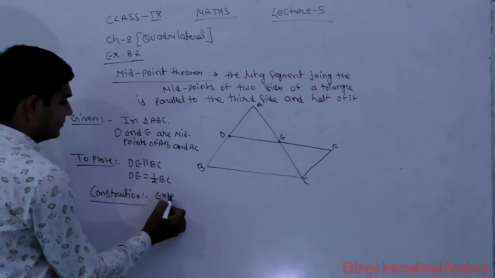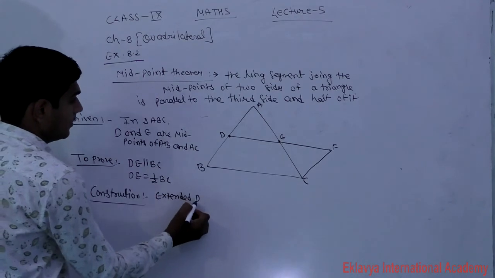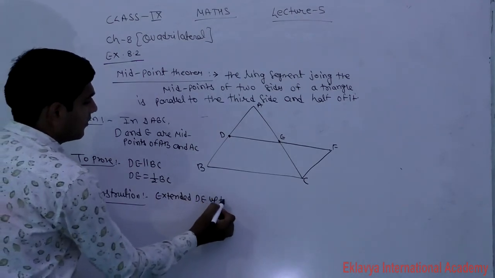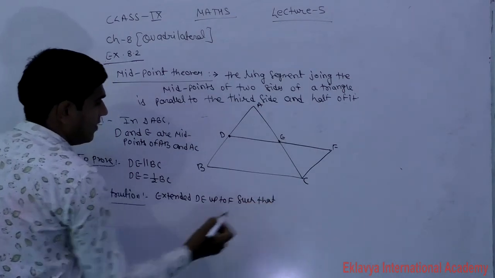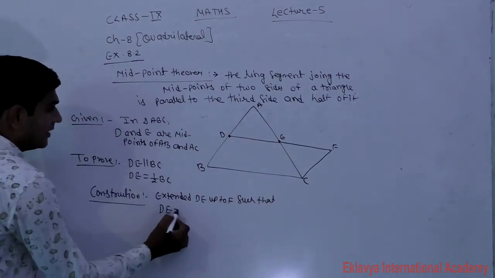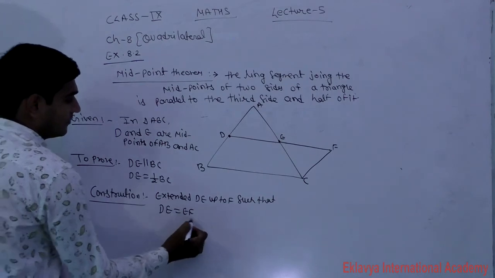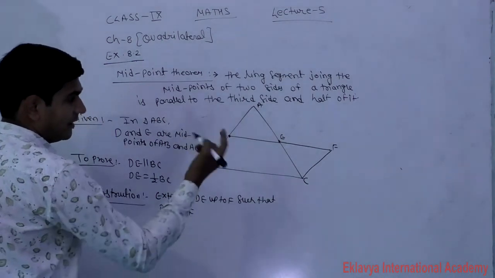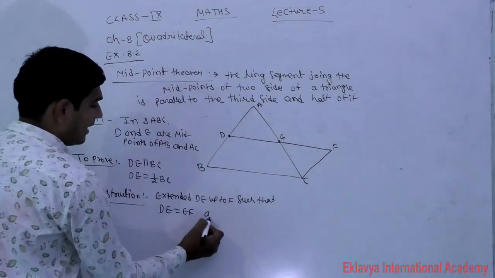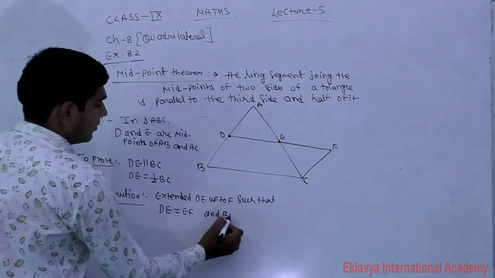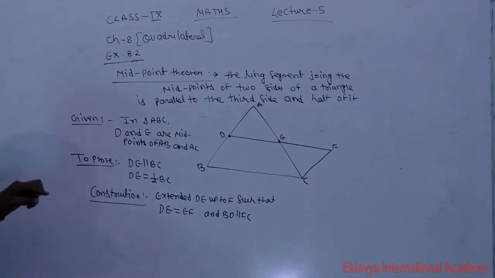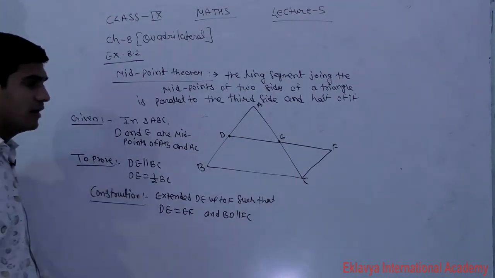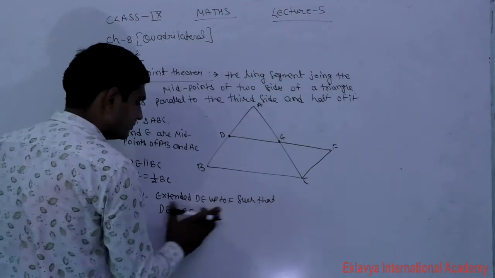Extend DE up to F such that DE is equal to EF, and BD is parallel to FC. Parallel ना लिख के इसको equal है.